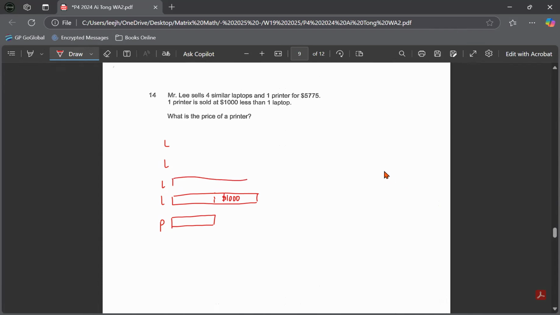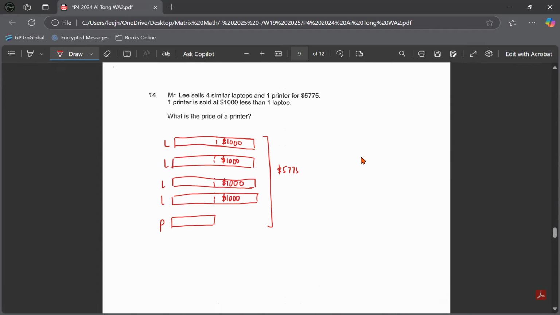So this is also, sorry, a bit crooked. This is another $1,000. This laptop is also 1,000 here. The difference between one laptop and one printer is 1,000. So this is another 1,000. Total paid is 5,775.